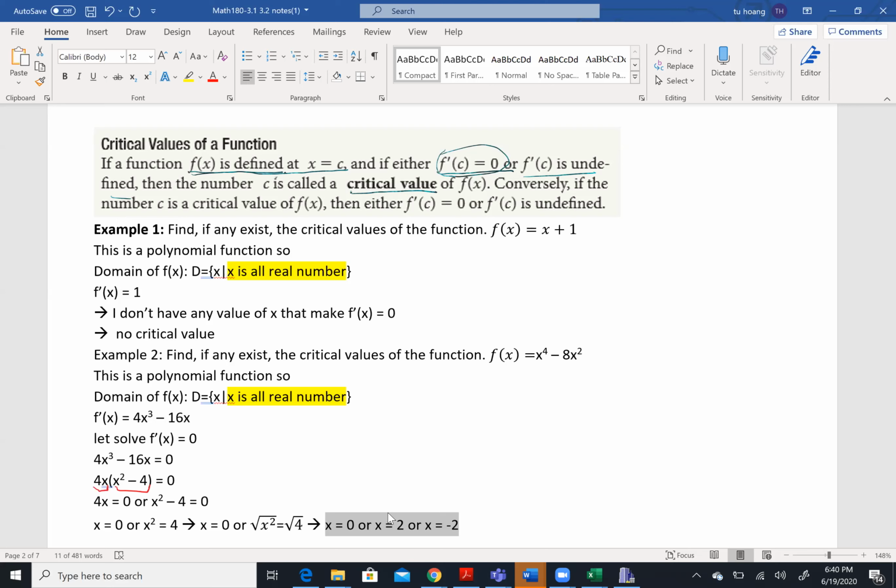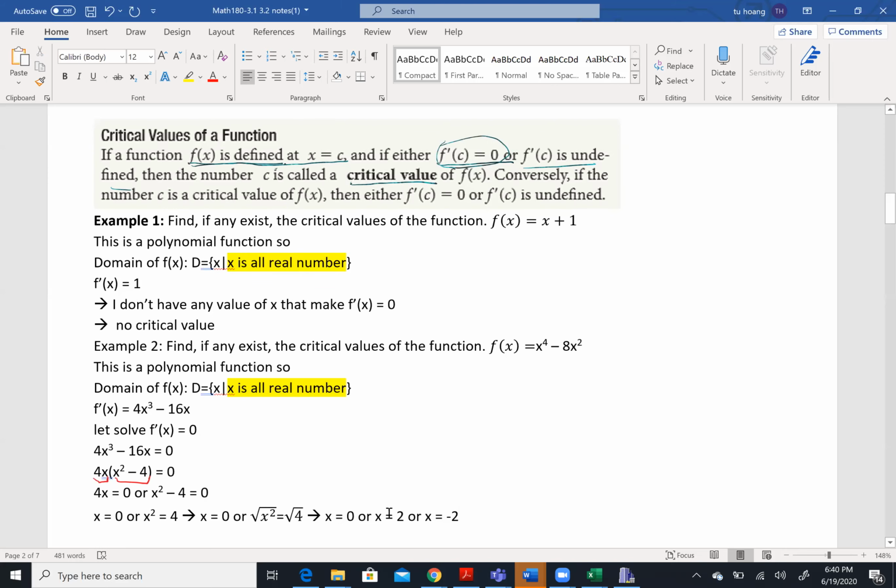All of these values are defined for f(x). We know that x equals 0, 2, and negative 2 are all defined.